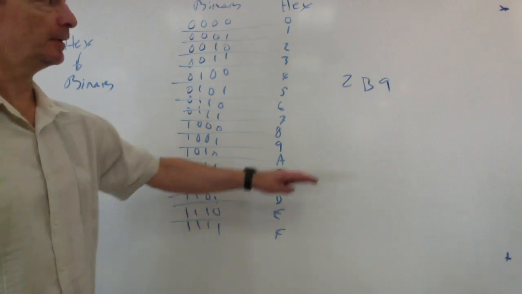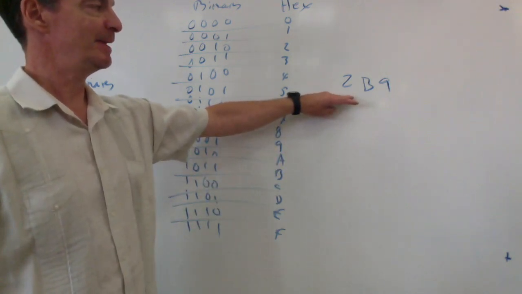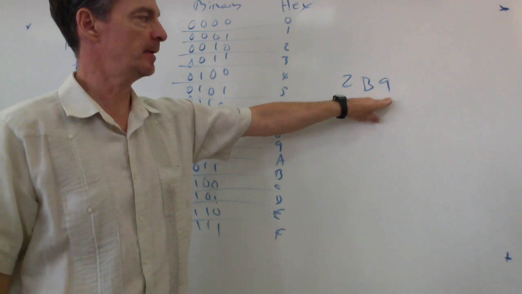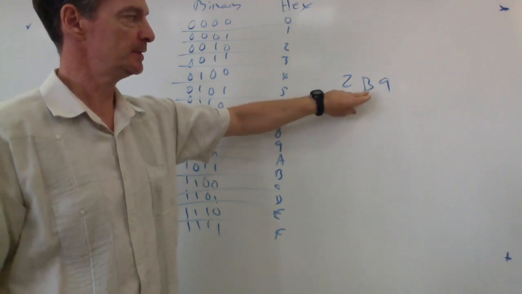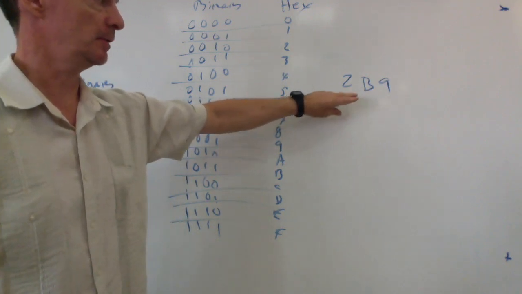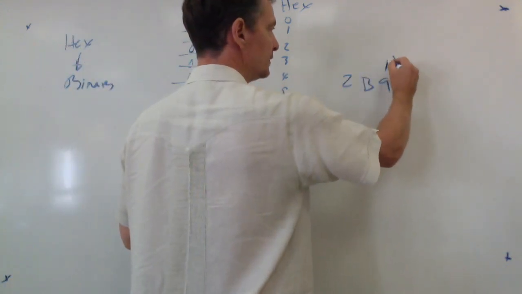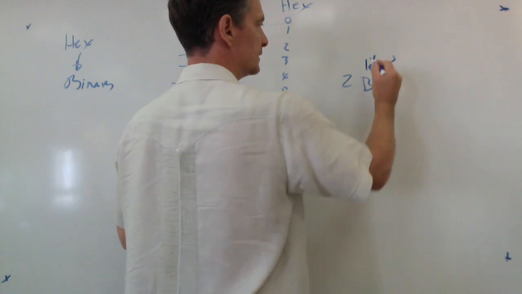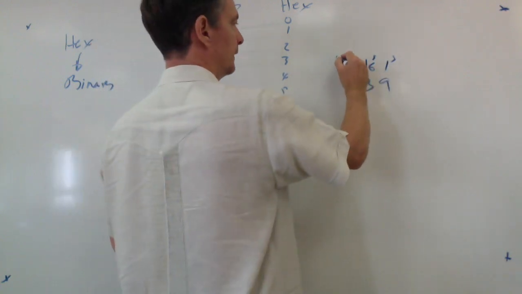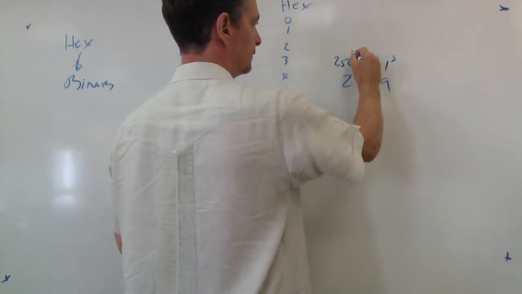You have to remember that hex is base 16: 16 to the power of 0 with the 1s, 16 to the power of 1, 16 to the power of 2. So the 1s, 16s, and the 256s.